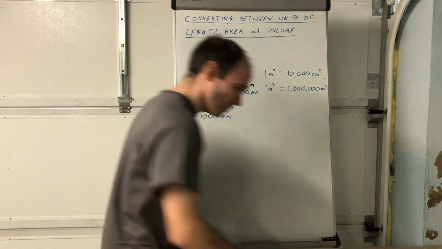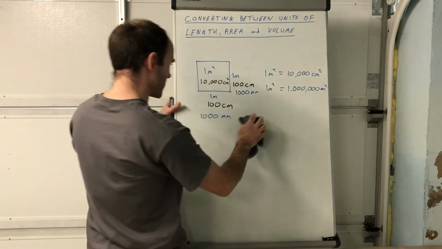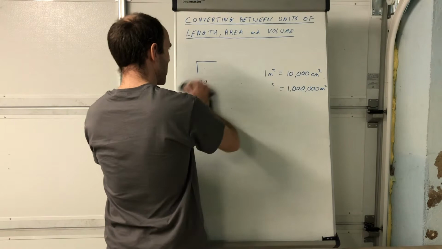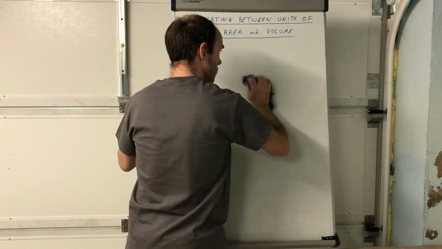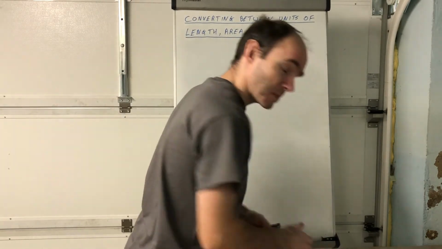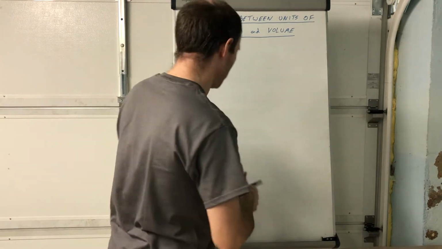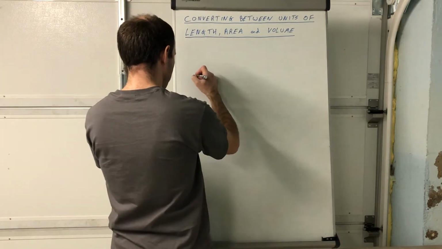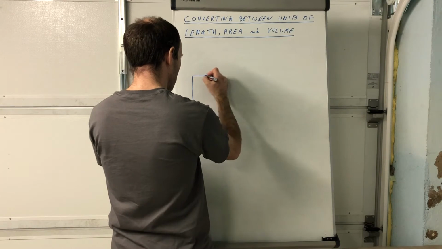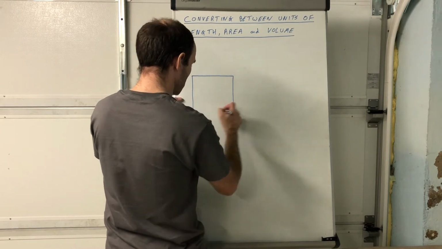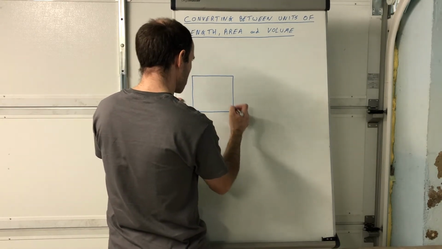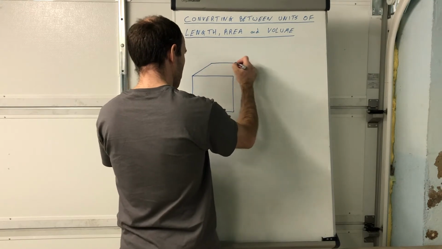Lastly, I'll do volume. You can probably see where I'm going with this. I'm going to draw a diagram to show you why the conversions are the way they are. The diagram this time is going to be a cuboid, or a cube actually, as opposed to a cuboid. There we go. A cube.